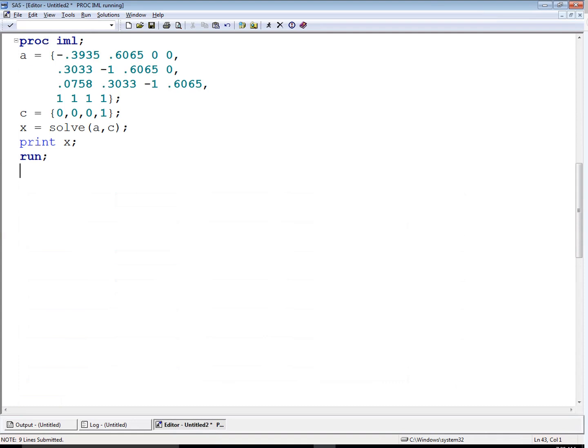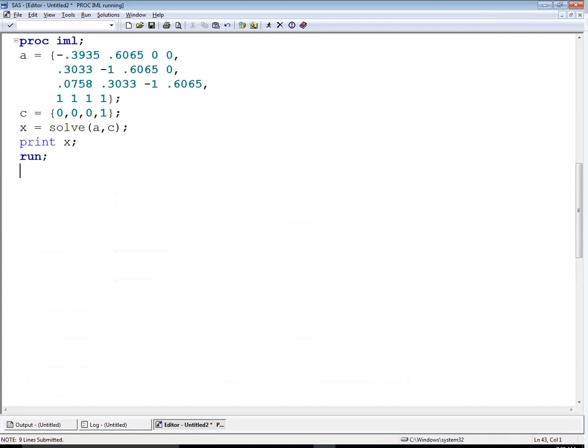So for the second one, the second equation we had was pi 2 equals 0.3 times pi 1 plus 0 pi 2 plus 0.6 pi 3 plus 0 pi 4. We have pi 2 on both sides, and we need it just on one side. So I subtract pi 2 from both sides, and now I have 0, which is the second term of my C vector, equals 0.3 pi 1 minus 1 times pi 2.